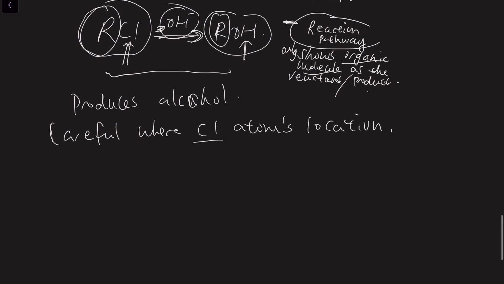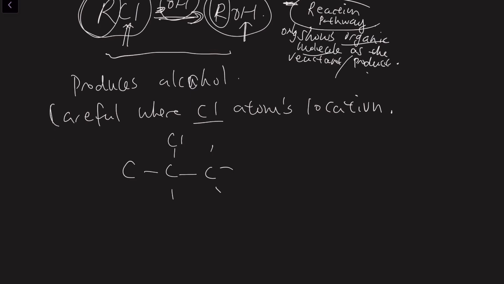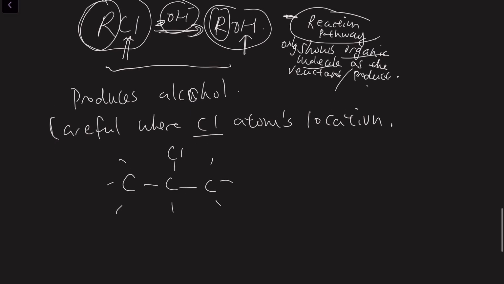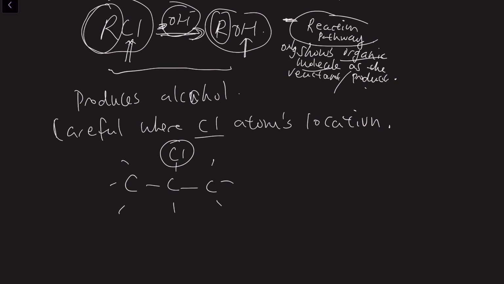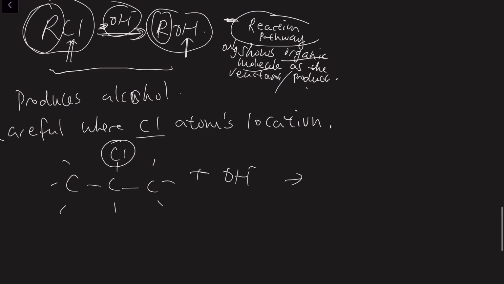So for example, if your chlorine atom is here, and then you react this with hydroxide ion, then what you will get is a secondary alcohol.